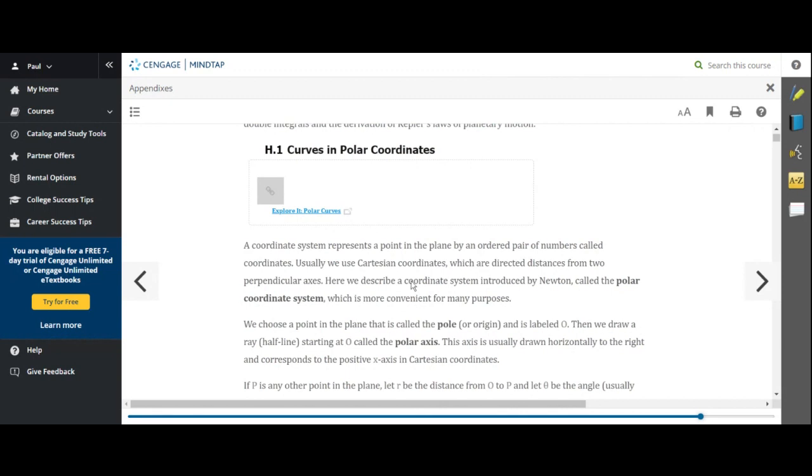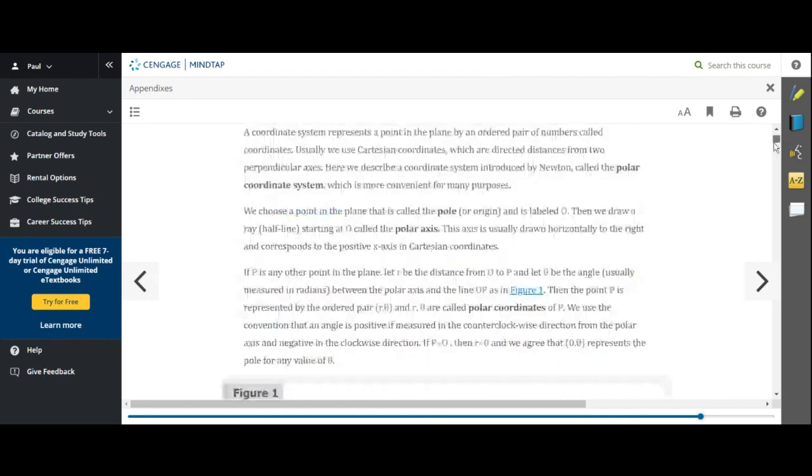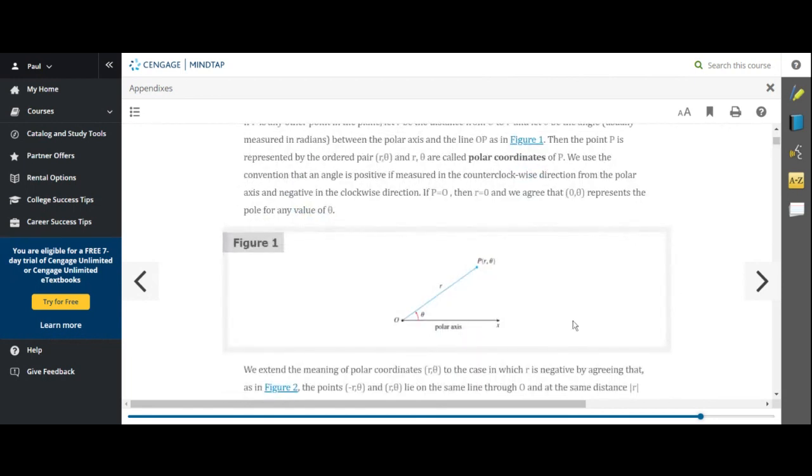Here we describe a coordinate system introduced by Newton called the polar coordinate system. So for the polar coordinate system, we don't have an X and a Y coordinate. We have, as you can see in figure 1 here, an R and a theta coordinate. R stands for radius, and theta stands for angle.